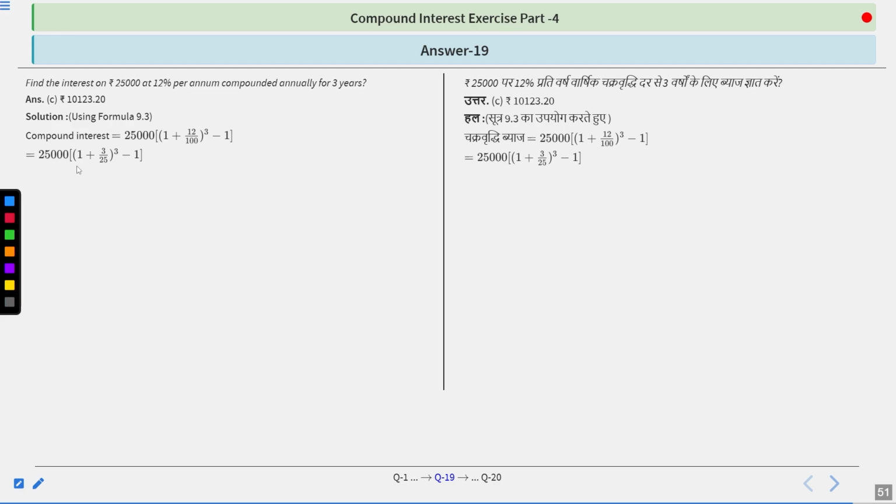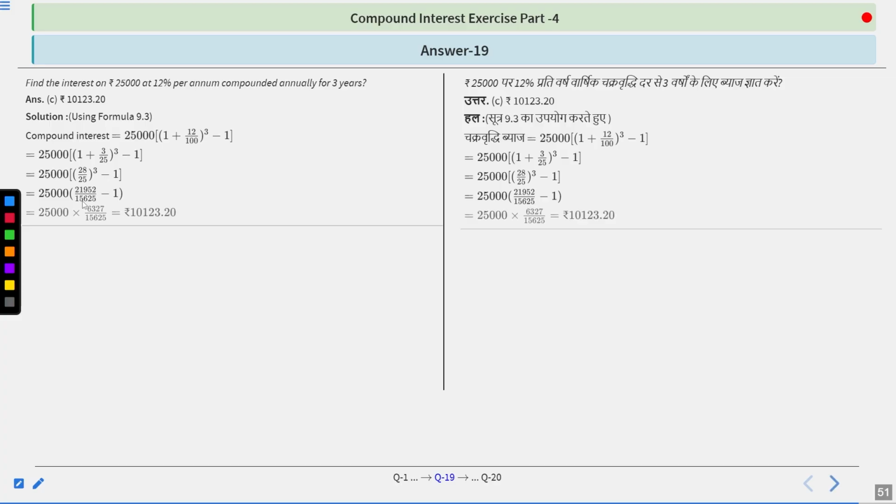That becomes 25,000 into 1 plus 12 upon 100 is 3 upon 25, whole cube minus 1. Therefore 25,000 into 1 plus 3 upon 25 is 28 upon 25, whole cube minus 1. 25,000 into 28 cube is 21,952, and 25 cube is 15,625, minus 1.